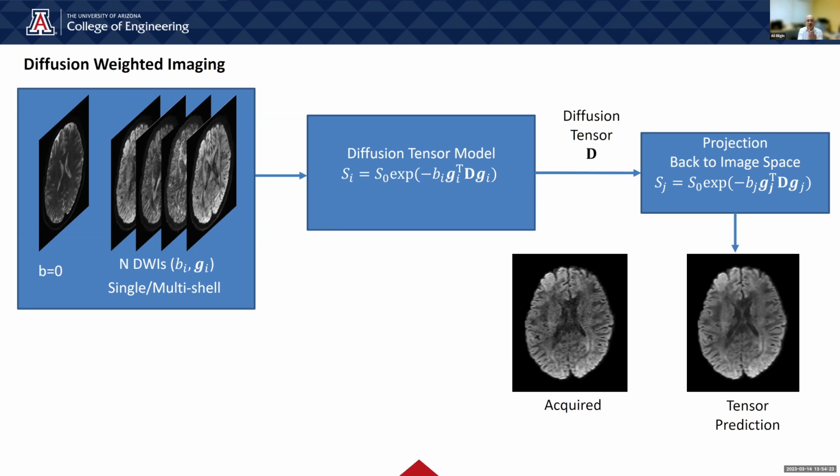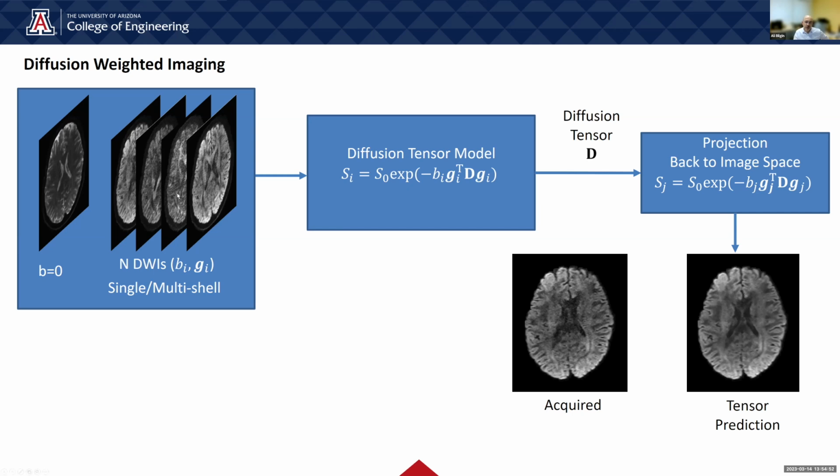So if you do imaging with sensitivity to diffusion along different directions, you can put all of that data together and come up with something like a tensor model that represents diffusion in each voxel, and that's very much used particularly in neuro applications, but in other applications as well.